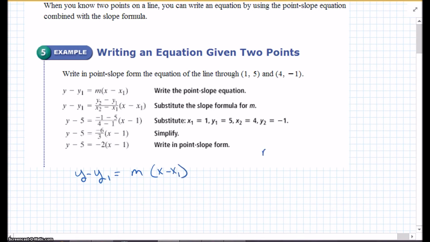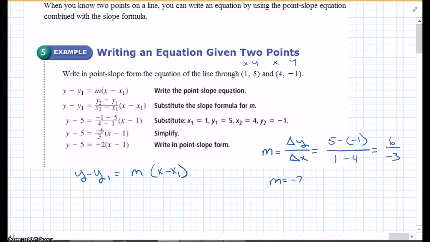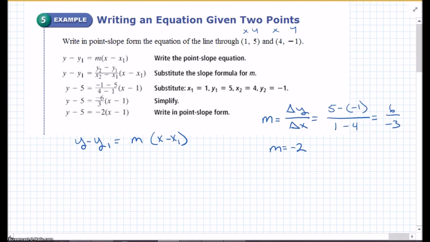Well, let's go ahead and solve for m. Our m value is nothing more than the change of y over the change of x. The change of y would be 5 minus negative 1 over 1 minus 4, which would be 6 over negative 3. So my slope is negative 2. So now I can plug that in. I can go y minus my y1 value.